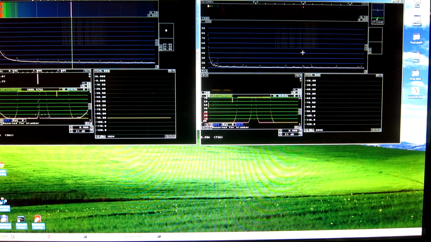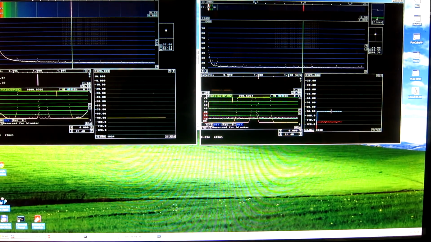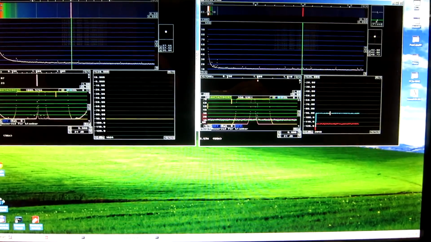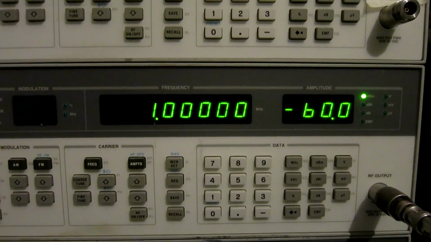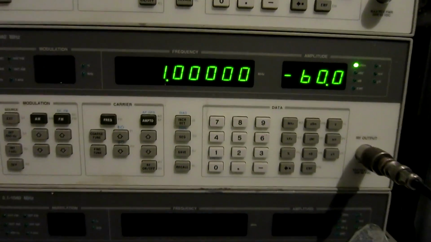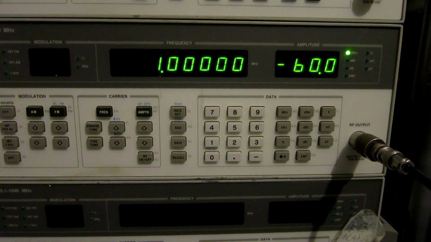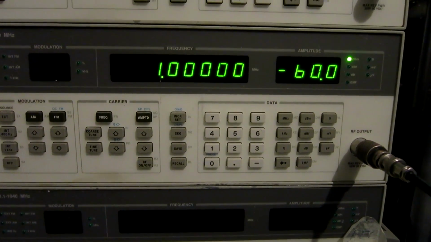And I click on the signal I have here. And this is a 2-channel receiver. It is the blue track that is the track we look at. This is the signal source, 1 megahertz minus 60 dBm.